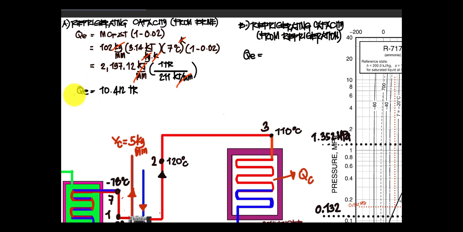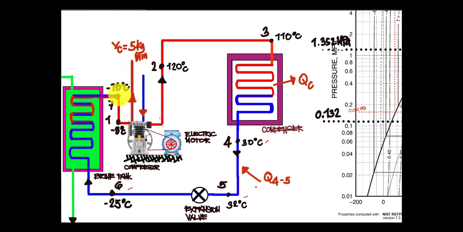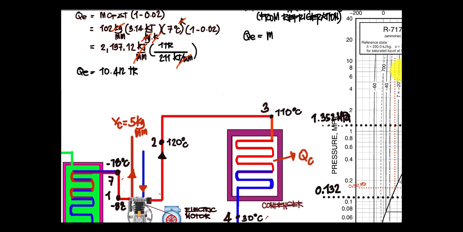So in our equation, we have the mass flow rate of the ammonia, or mass flow rate of the refrigerant. That will be the energy balance, the change in enthalpy from point 6 to point 7. So I'm going to write here H7 minus H6.